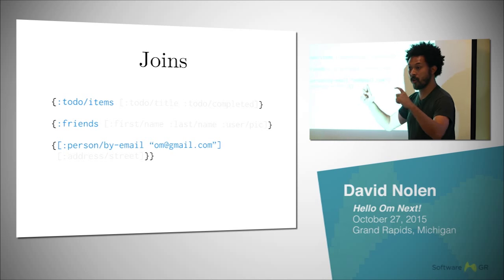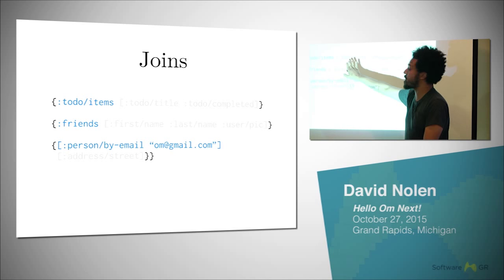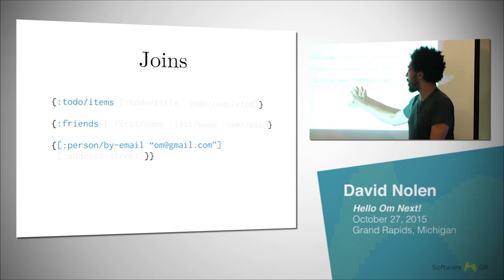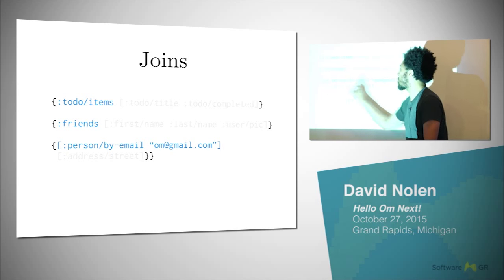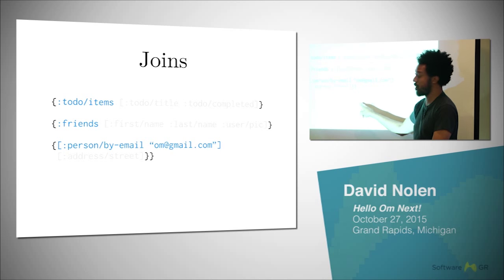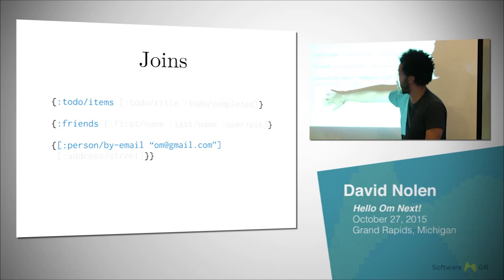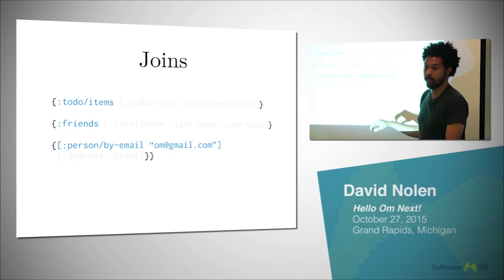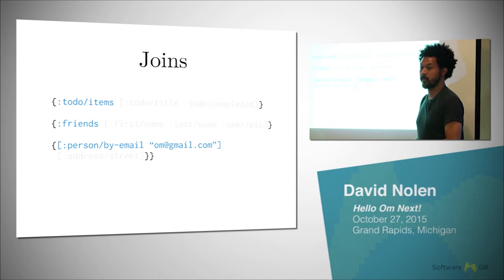It would be a vector of results from the database in which each element of that vector only has these keys. Down here, this is obviously a unique thing. So this will return a hash map with this lookup ref, and then the value for that thing, which is only another hash map with address street in it. So the response would have that vector as the key.